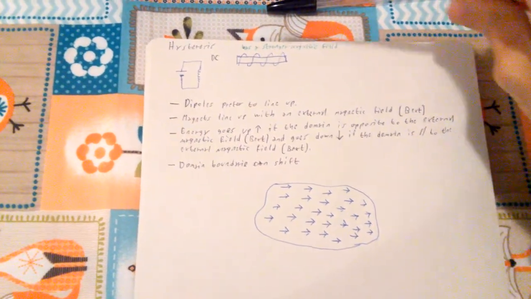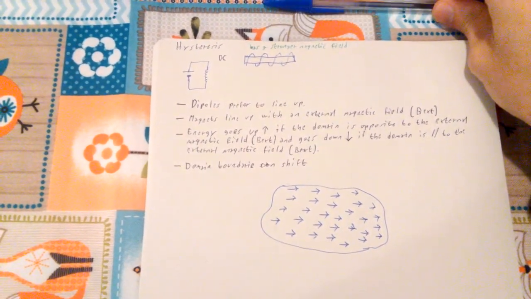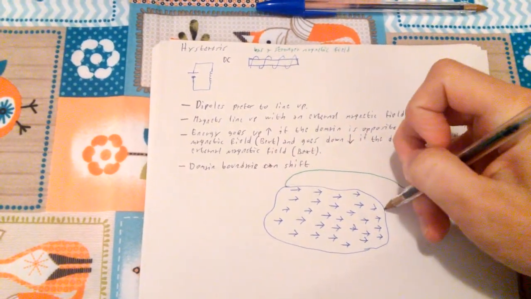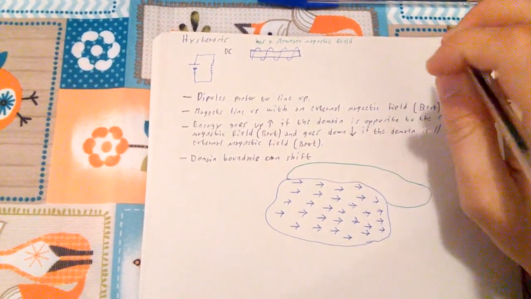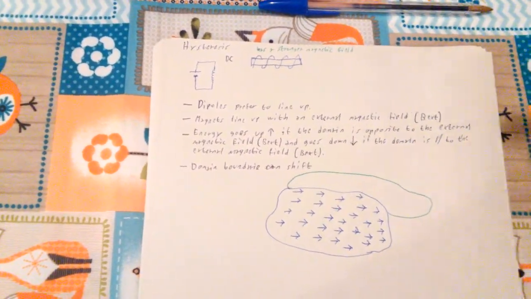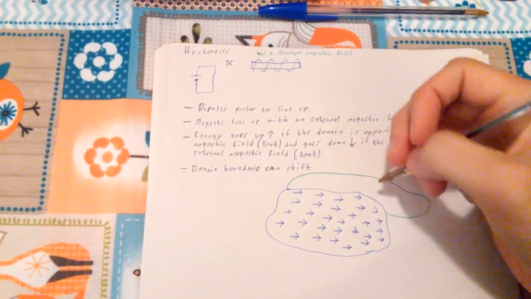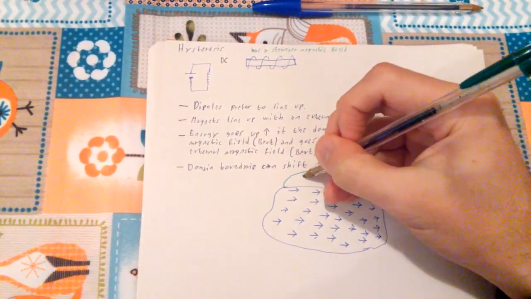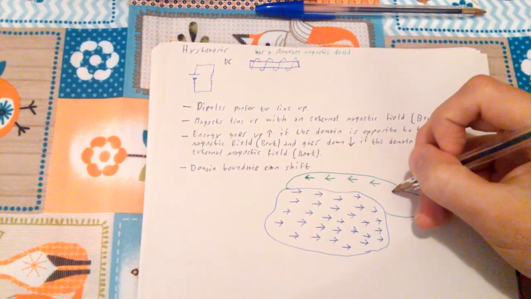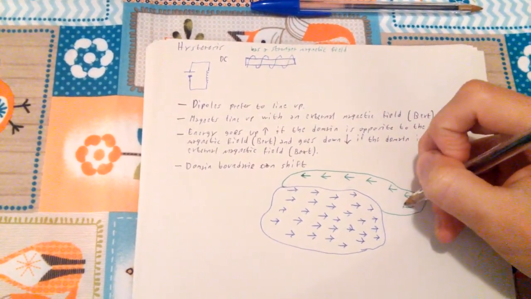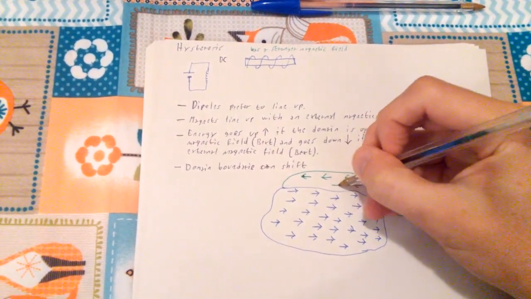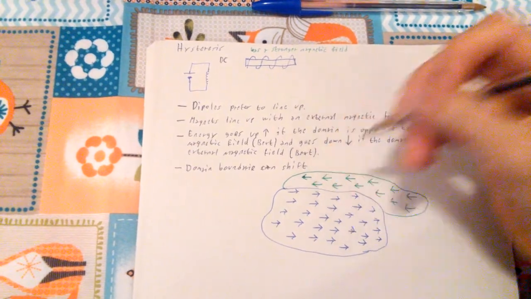Now, what happens if I have another field like here, which is external? It's not from my spoon, for instance, but it's just external, and it's pointing in the opposite direction, so to the left. Like so.